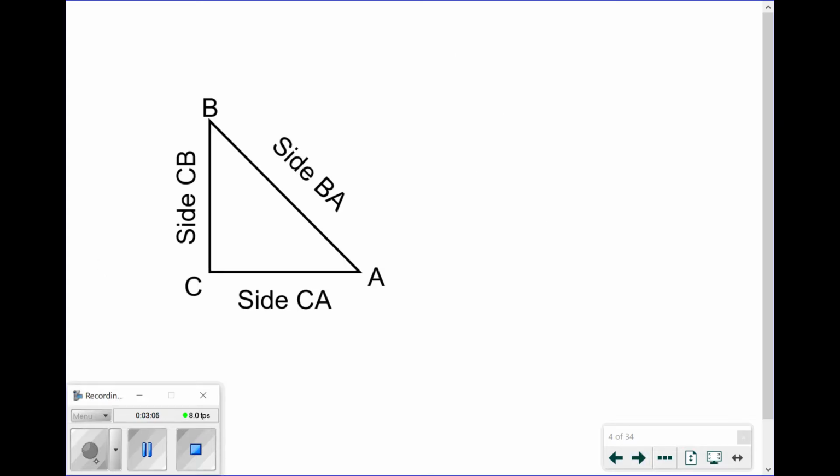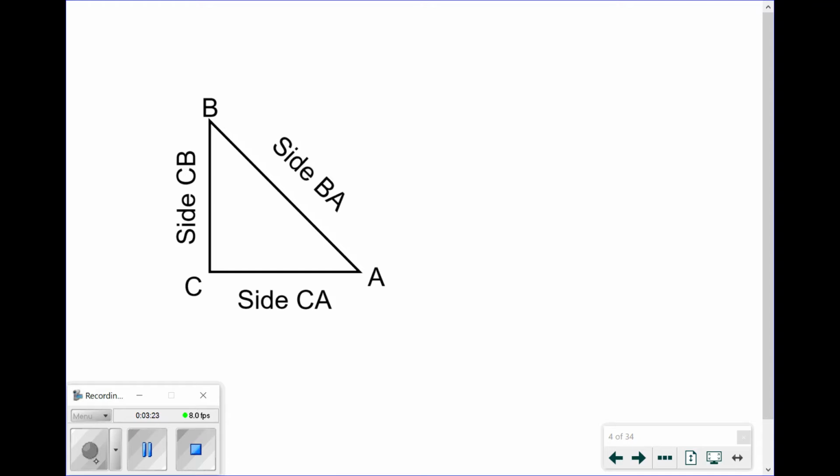If we take a look at a triangle in the way that you'd see it in a typical math class, often you'll see that the corners are all labeled with a letter such as A, B, C, and the sides are identified by the corners such as side AB or side CA or side CB.